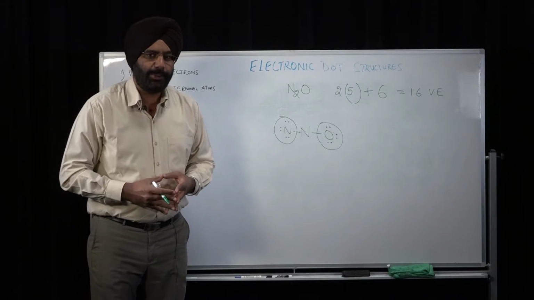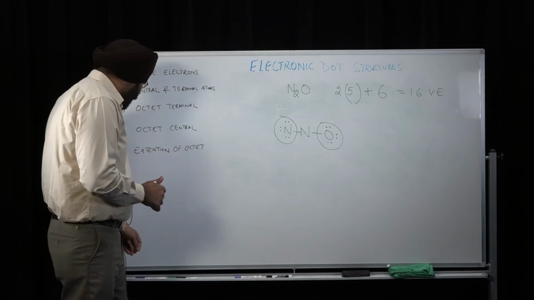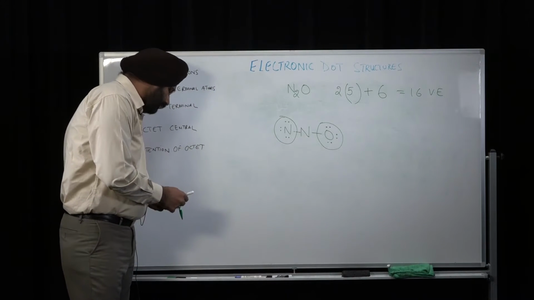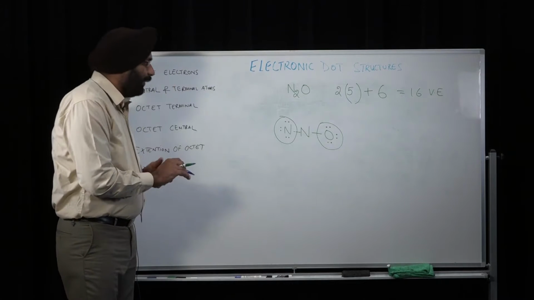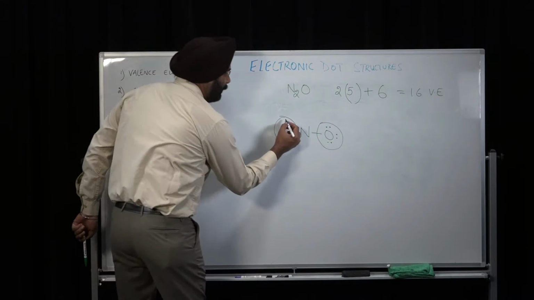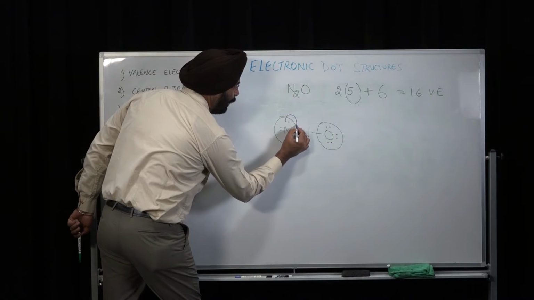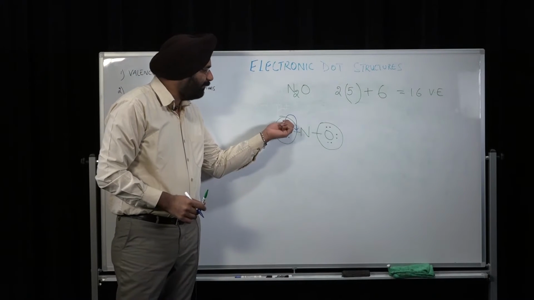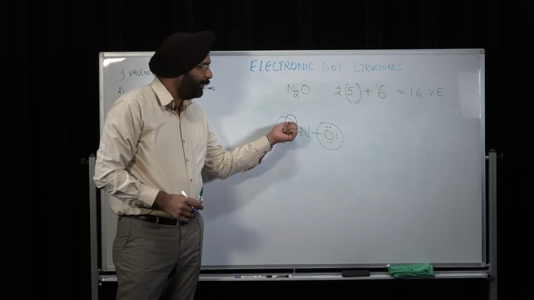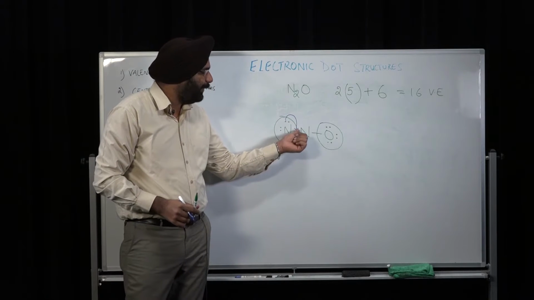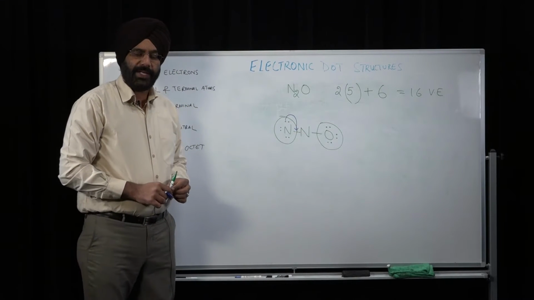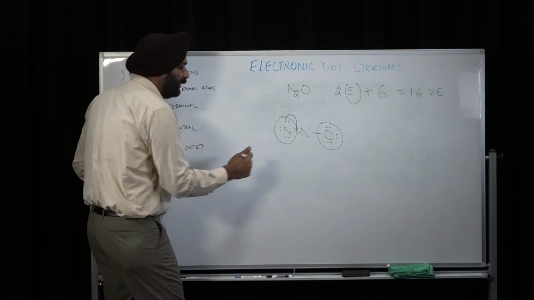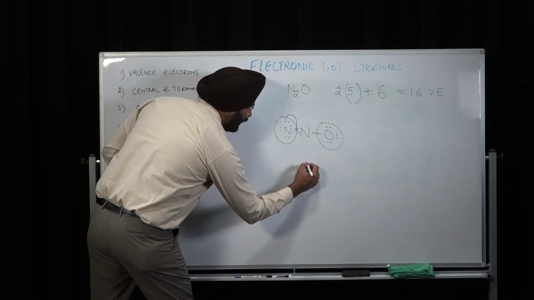So how can I do that? One way of doing that is that I bring this lone pair of electrons and convert this lone pair into a bond pair. I can do that. So once I do that, let me rewrite it again.